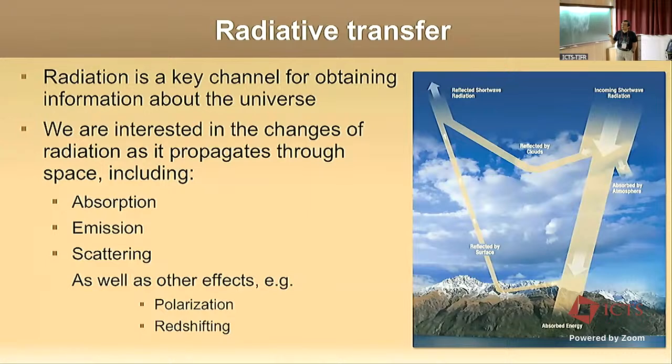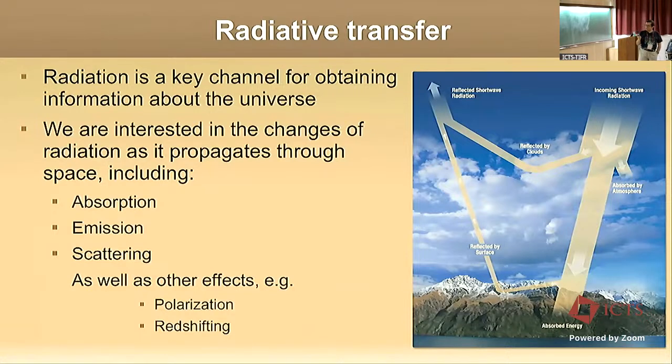And how you describe all these processes of absorption, emission, and scattering is radiative transfer. Basically, radiative transfer is how radiation interacts with matter along the way. If there is no matter, if it's complete vacuum, of course, there is no radiative transfer. It just travels. Intensity is the same. And that's what we just talked about a moment ago.